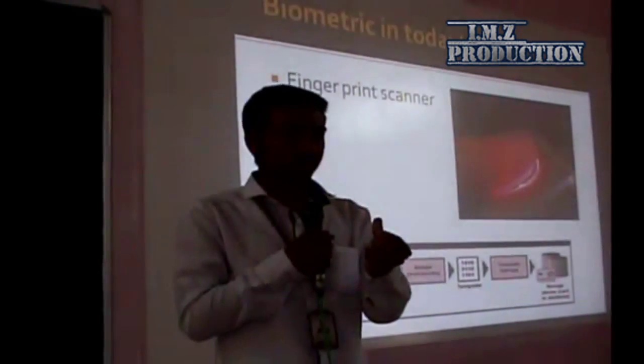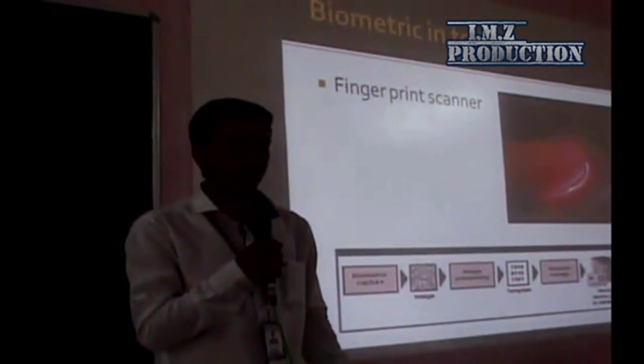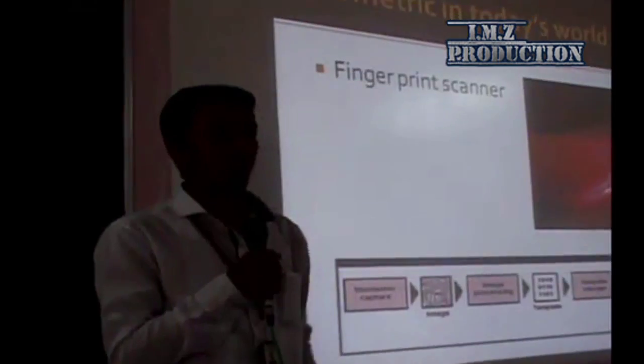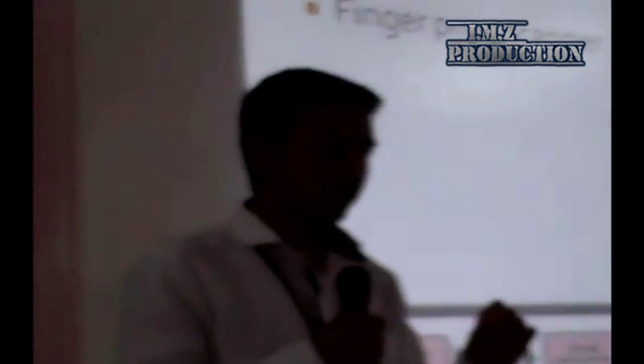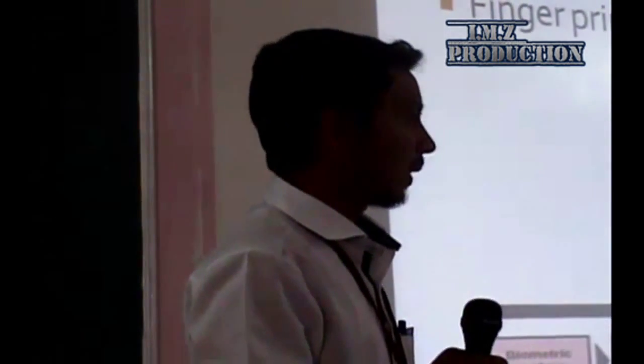Our finger has ridges, and different people have different types of ridges. Every individual has different widths and different lengths of ridges. So it takes that, processes it into binary data, and then stores it.